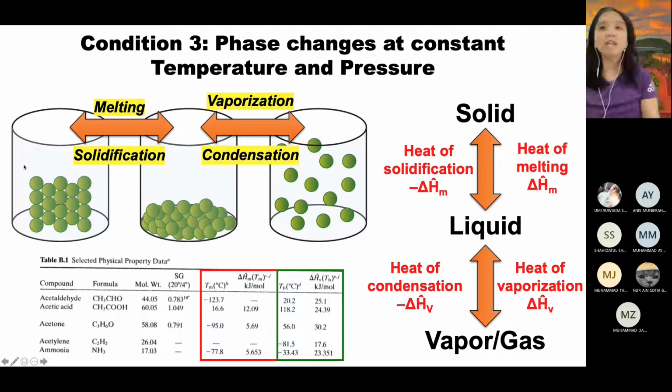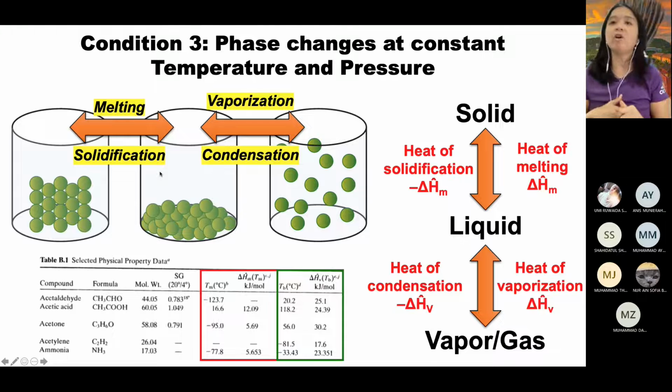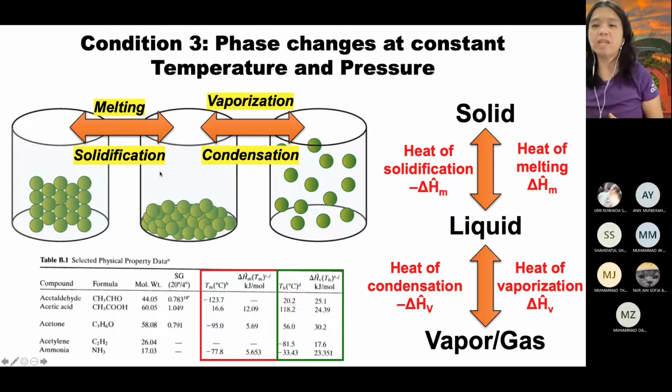Okay. So solid to liquid, of course lah melting. So the enthalpy we call as heat of melting. Berapa haba yang dibebaskan atau diperlukan for the compound from solid jadi liquid. We call it delta HM, heat of melting. Okay. So kalau kita terbalikkan, katakan from liquid you want to make it become solid.